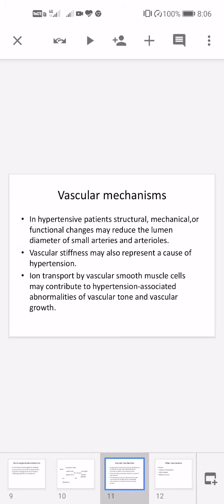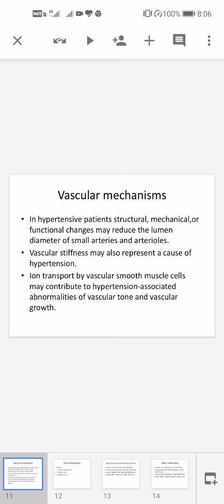Let us talk about the vascular mechanism. In hypertensive patients, structural, mechanical, or functional changes may reduce the lumen diameter of small arteries and arterioles. Vascular stiffness may also represent a cause of hypertension.